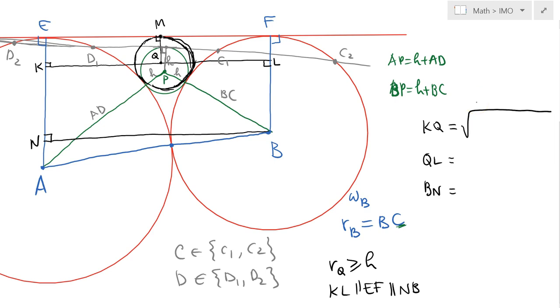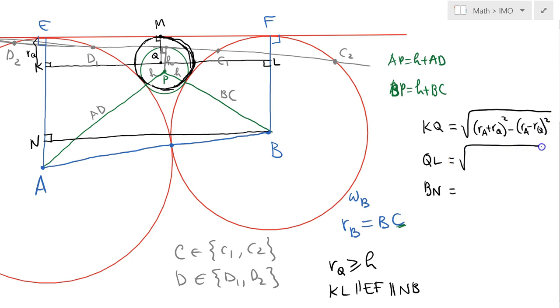The hypotenuse is AQ, which is simply the sum of the radii, RA plus RQ. And the distance AK is RA minus RQ. So KQ is the square root of (RA plus RQ) squared minus (RA minus RQ) squared.